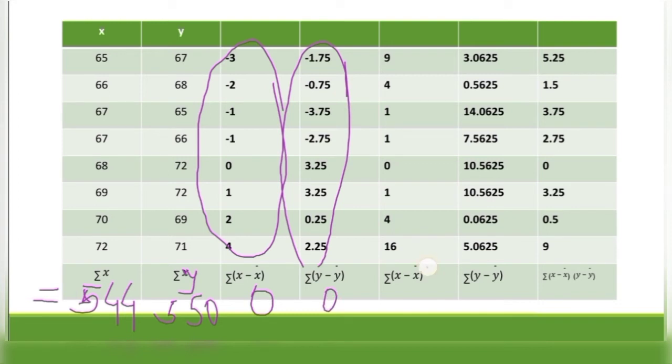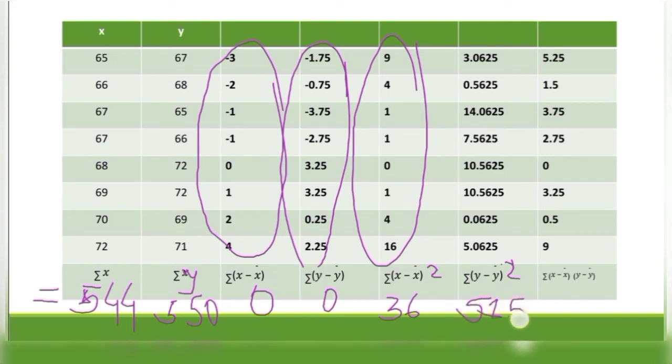Then we have to find out sigma x minus x bar whole square. Adding these values, we are getting 36. Then next, we have to find out sigma y minus y bar whole square. So it comes out to be 51.5. Then finding sigma x minus x bar into y minus y bar.